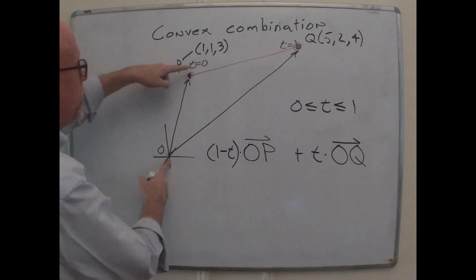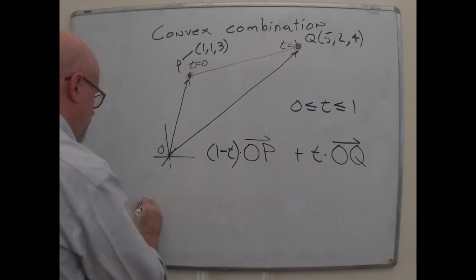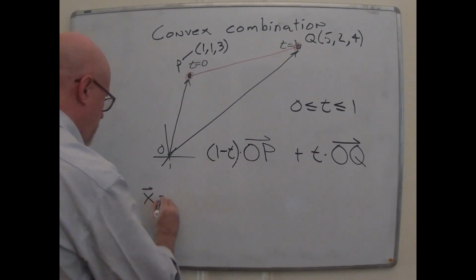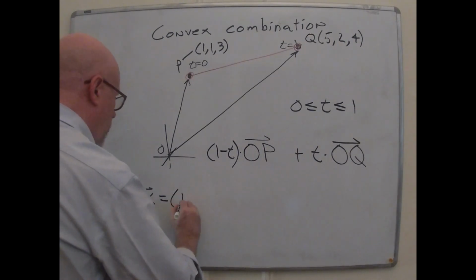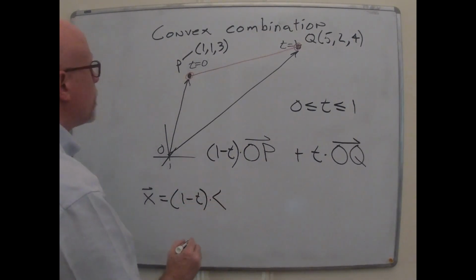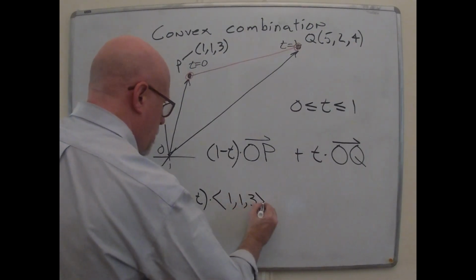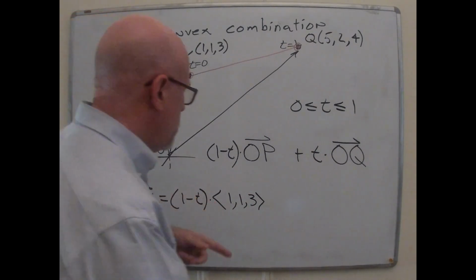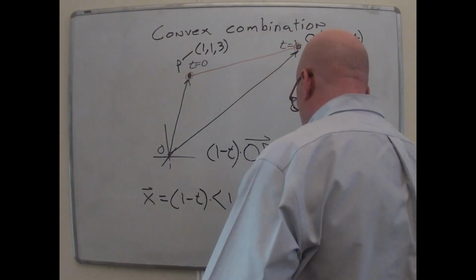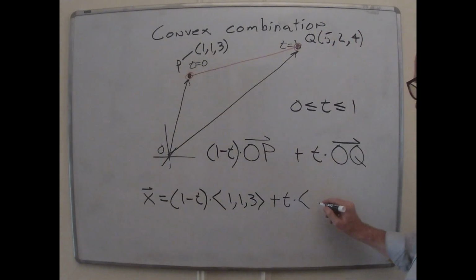OP is literally just written as a vector. So our position vector is going to be equal to 1 minus t times the vector (1, 1, 3), and then the other piece is going to be t times the vector (5, 2, 4).